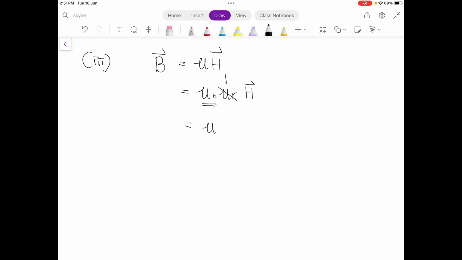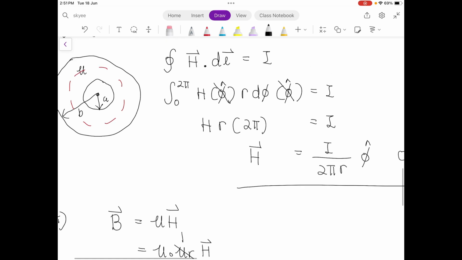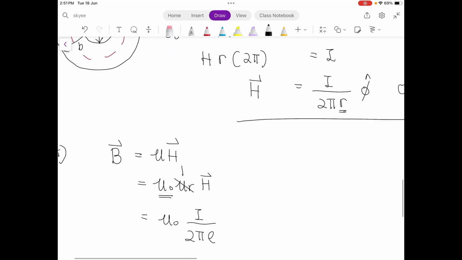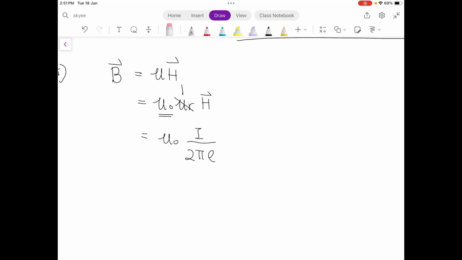So it will be mu naught multiplied by H, and the H is I over 2 pi rho. Sorry, 2 pi r.